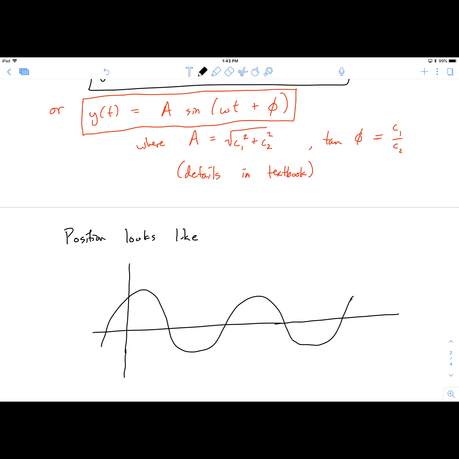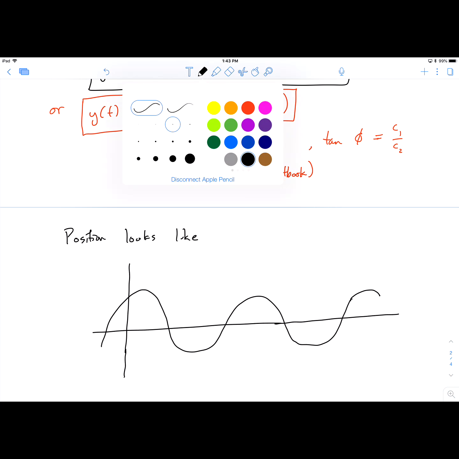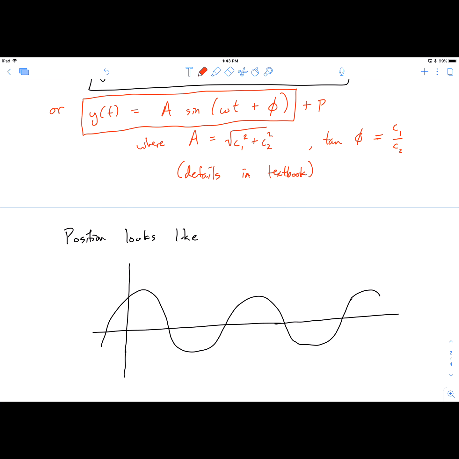Now notice, by the way, that there's one piece that isn't included in this formula that could be included. If you remember back in pre-calc, there was also an option to have a vertical shift at the end. And notice this one doesn't have any vertical shift. In other words, the oscillation happens around the t-axis, or around y equals 0.